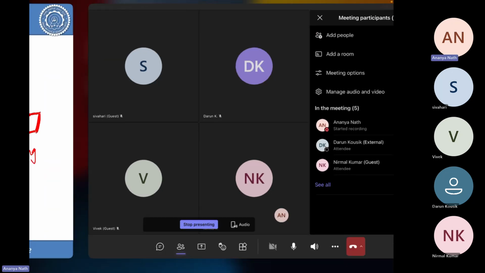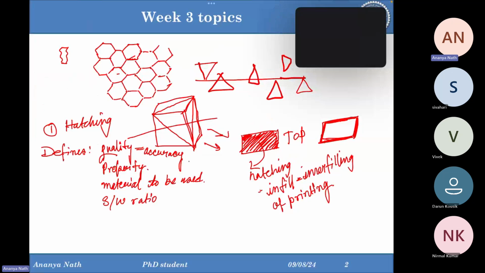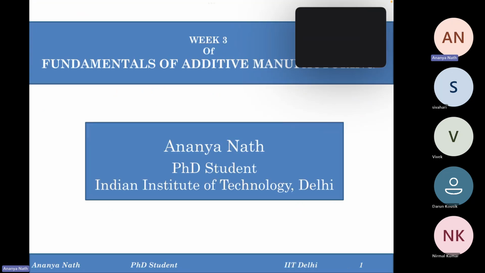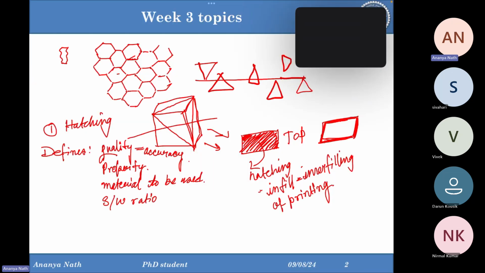Okay. So strength to weight ratio can also be varied by varying the hatching only. So in hatching also, the nozzle, if I talk about the FDM process, if anybody can tell me what is FDM process. FDM, that will be great. So anybody?